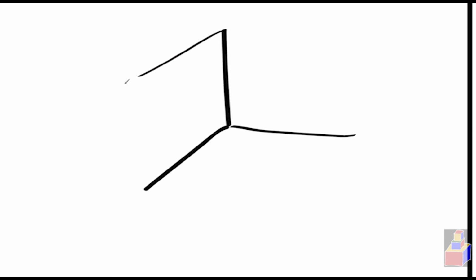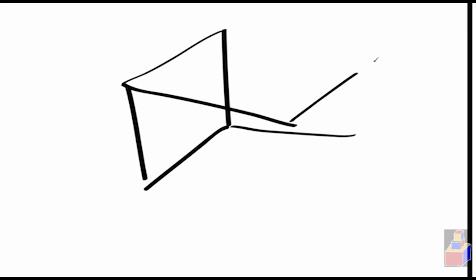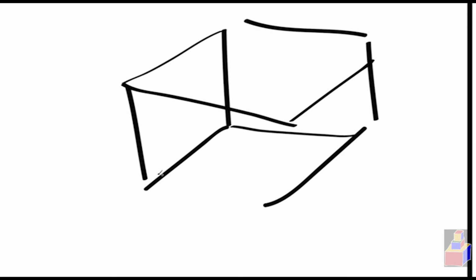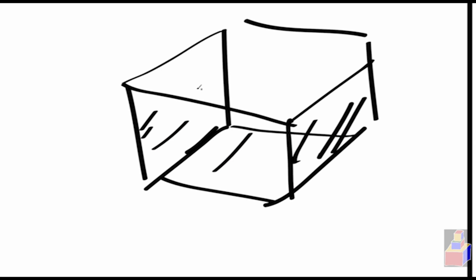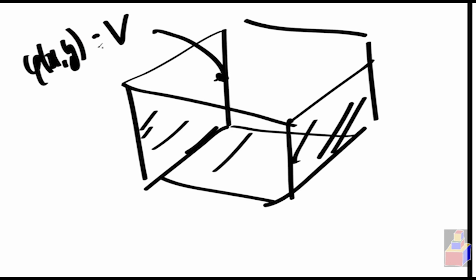So we have a problem in which you have a three-dimensional region. All of this is grounded. So we can make a conductor on the top, which is V volts. So now your function f(x,y) is a constant function. You have to explain that function in terms of Fourier series.